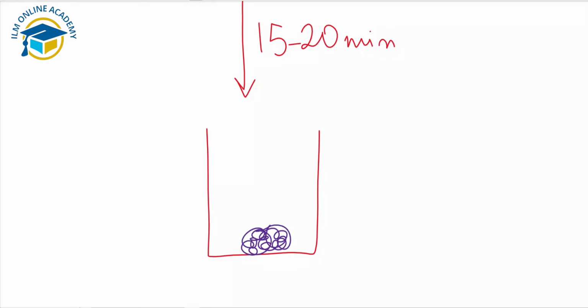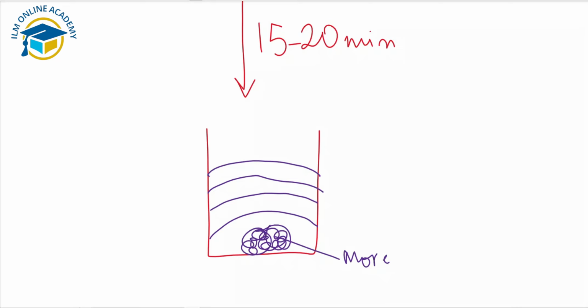After some time the particles will move upward and upward. The more concentrated particles are at the bottom, and they will spread or diffuse through the solution from a region of high concentration to a region of low concentration.